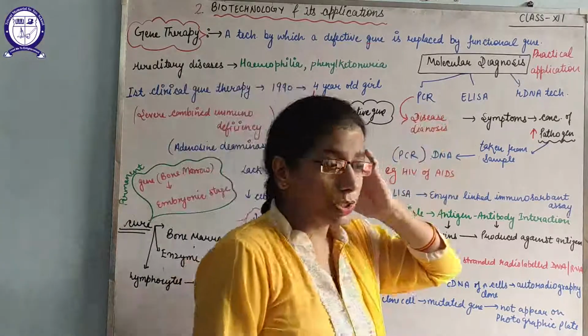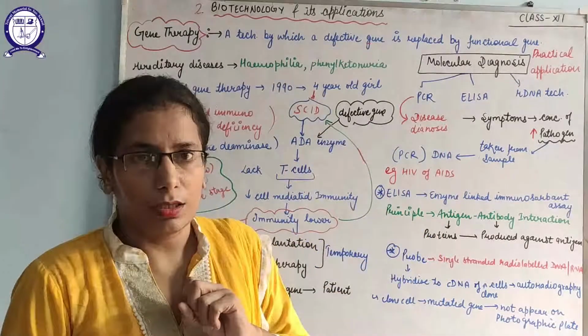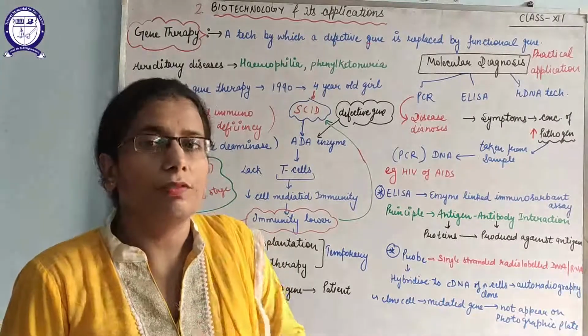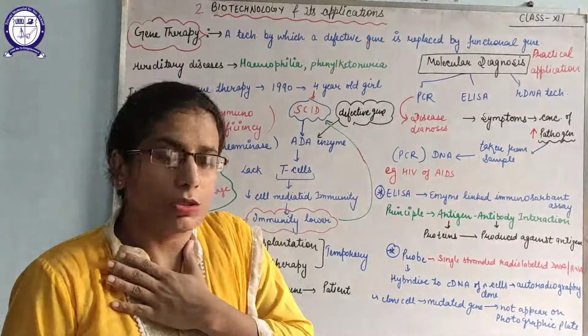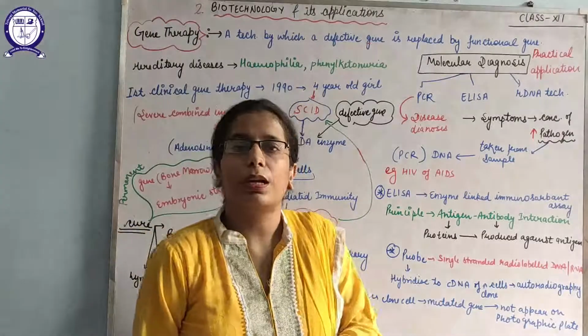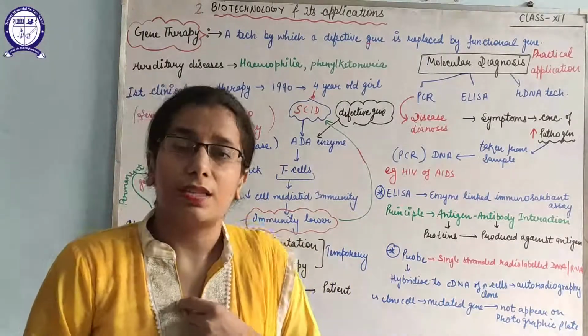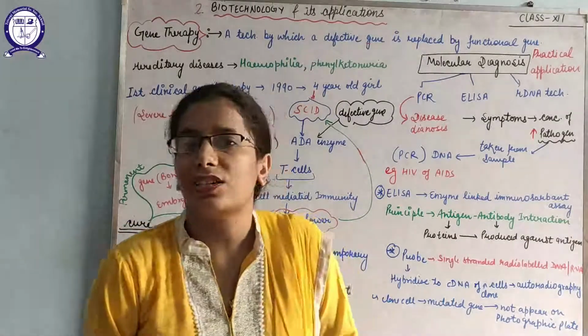But the main question arises: whenever any disease occurs, how can we find out if we are suffering from a disease? Only when we develop symptoms. Symptoms will arise only when the concentration of the pathogen is high in our body. There is a portal of entry and a portal of exit for pathogens.